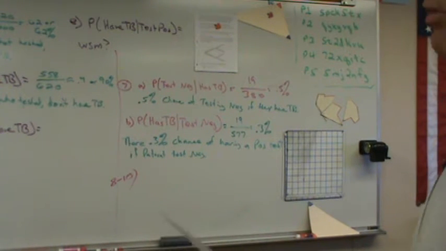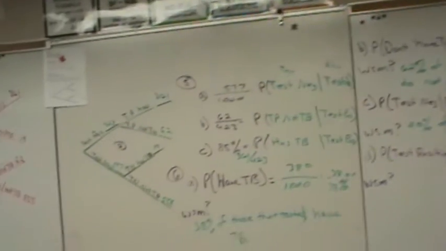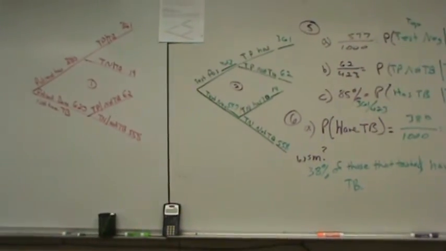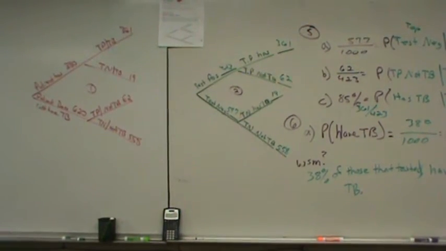I'm not going to pause it and re-record it because I've gotten through so much already. Now we're looking at a positive versus negative result. So it's asking us, what if their test result came back positive?